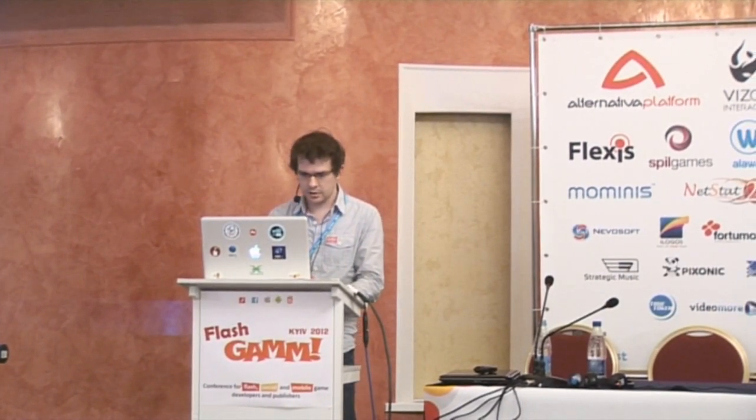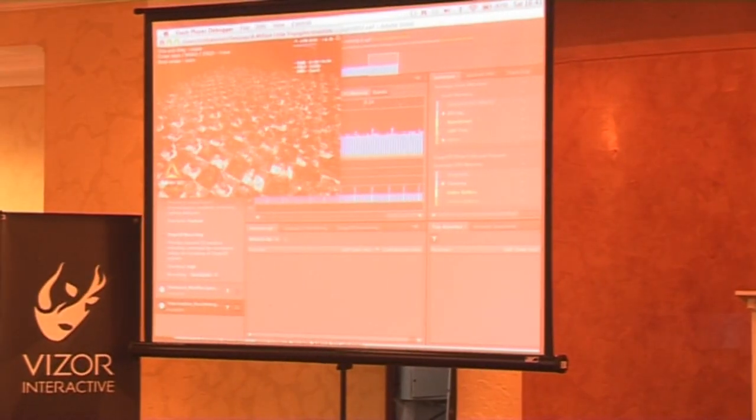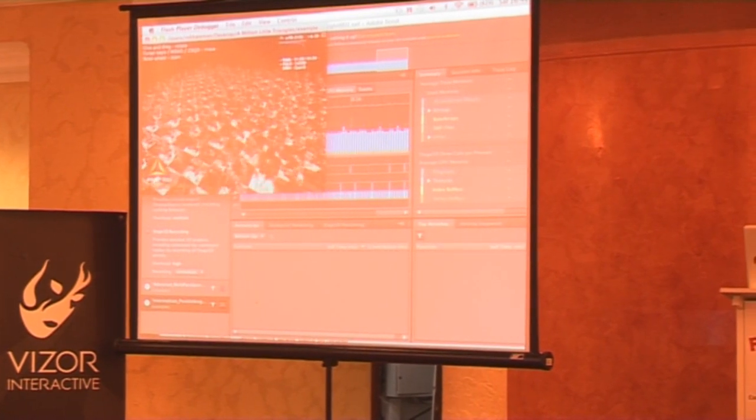So if we just run this demo, we can also bring up Scout again. We can see that it's created a new thing here, and this one's running. Now this is running about 400 avatars, and it's running at about 30 frames a second, which isn't too bad.